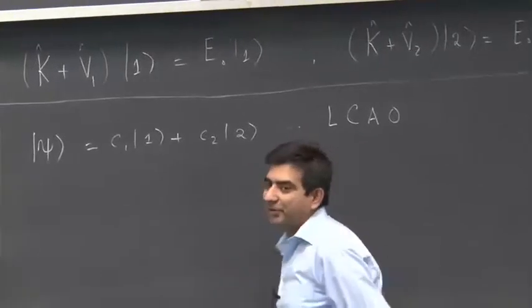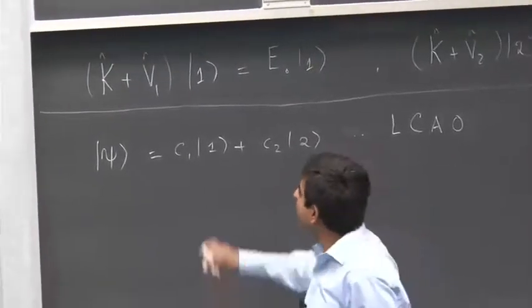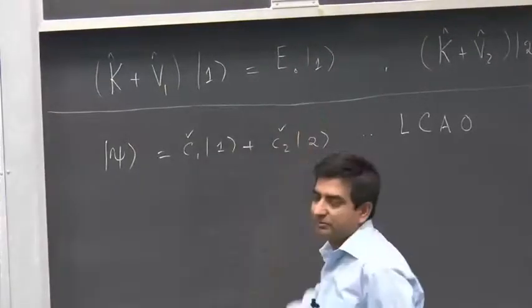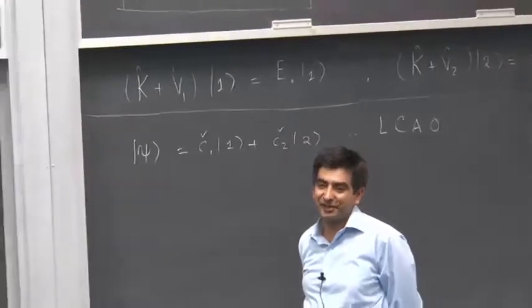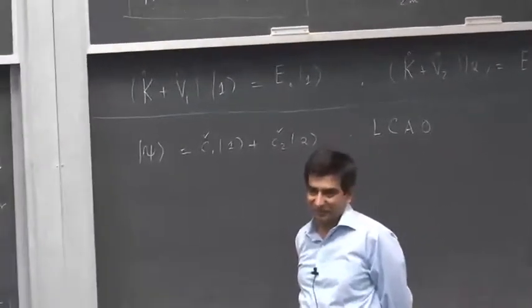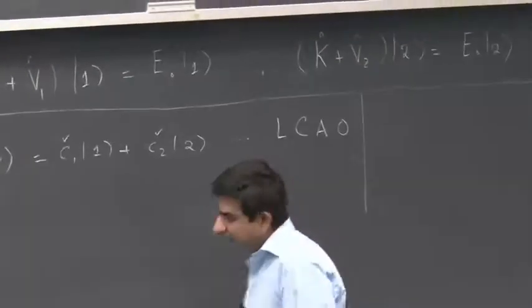Now we would like to write down the time-independent Schrodinger equation, find out what these coefficients are going to be, and find out the ground state of the system.